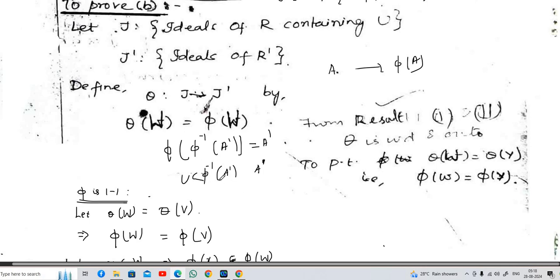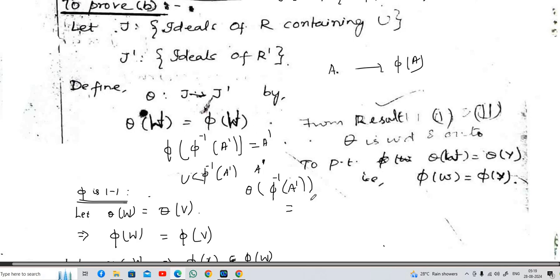So definitely this phi inverse of A prime is a member of tau. But now the question is, is it the pre-image of A prime? How can that be established? Only when I consider theta of phi inverse of A prime. If I get back my A prime, that will tell me that this is a pre-image of our A prime.